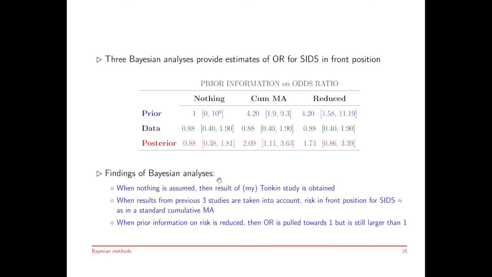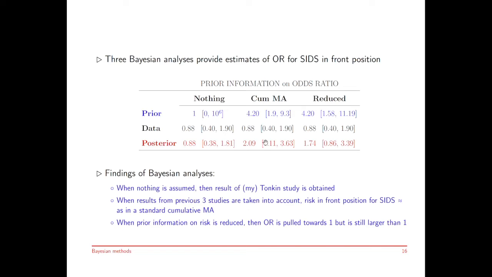What are the findings of our Bayesian analysis? When I didn't assume anything, then the result of my Tonkin study is just simply obtained. When I used the results of the 3 previous studies, then, as you can check in the cumulative meta-analysis, I actually reproduce the result after 4 studies.